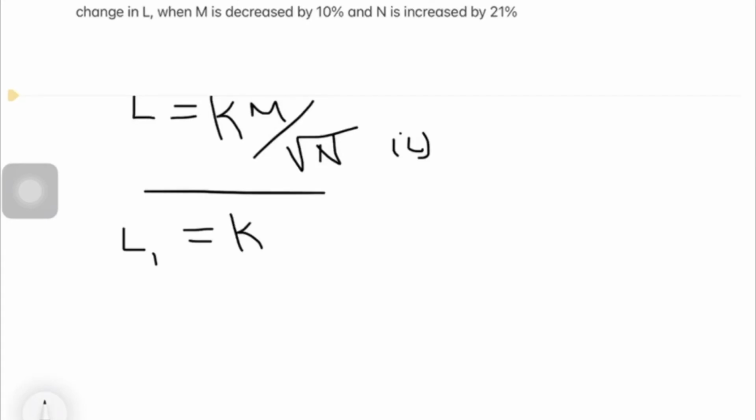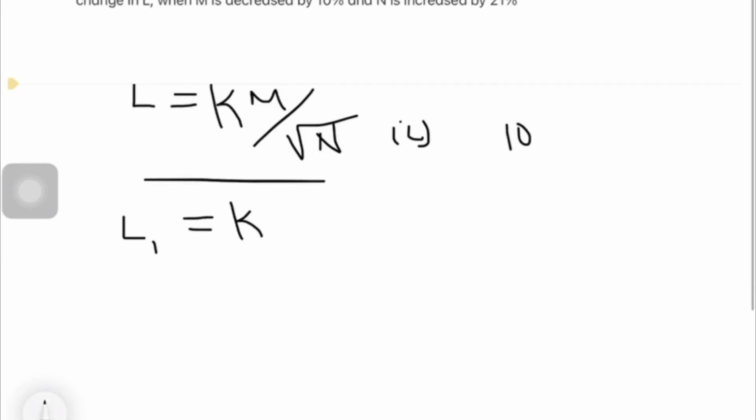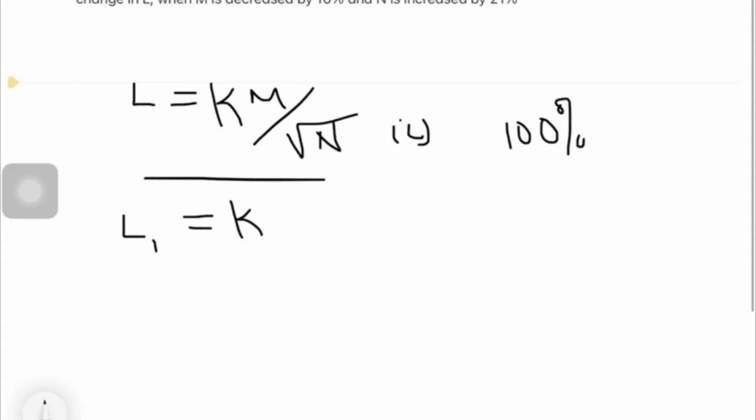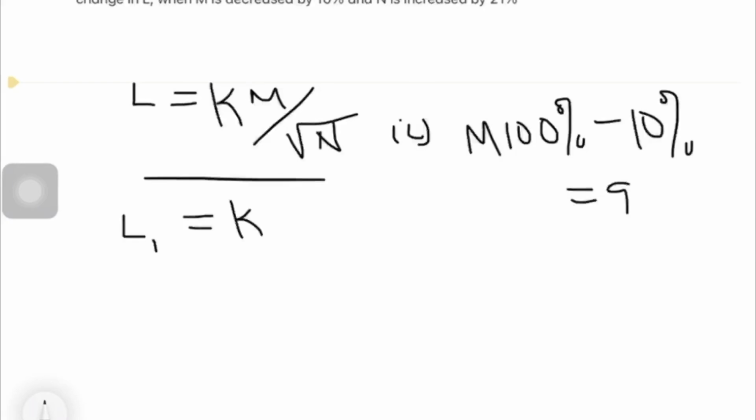So assume the first M in totality was 100%. If it has to decrease by 10%, then the new M, we are going to have 90% of the M, right? So this is the same as 0.9 M.